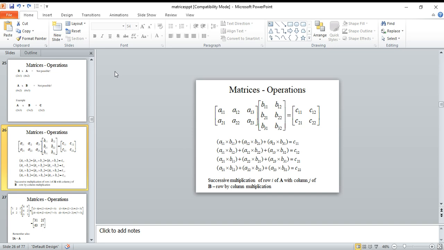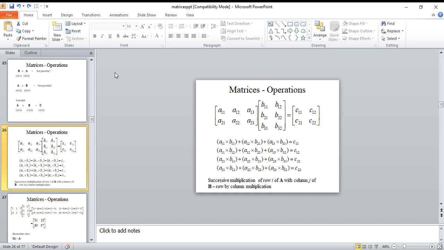Next, the first row with the second column: A11 into B12 plus A12 into B22 plus A13 into B32. This gives the second element of the matrix.